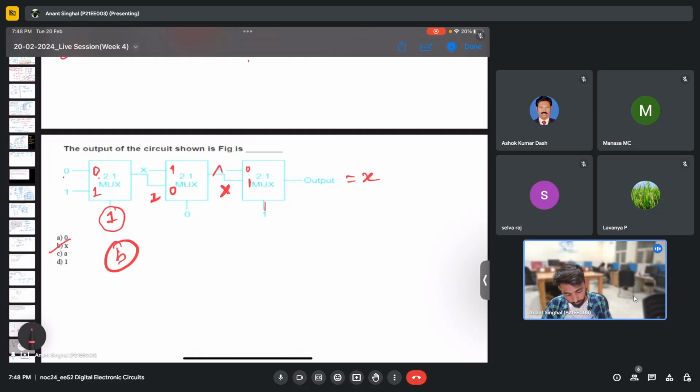I have a and x here, and I have a 1 here, so I need to write 1 complement here and 0 here. That's why I have written 0 and 1. Sorry, this is not 0, this is 1. So output is a times 0 plus x times 1. So that is why it is x. So option B is correct.